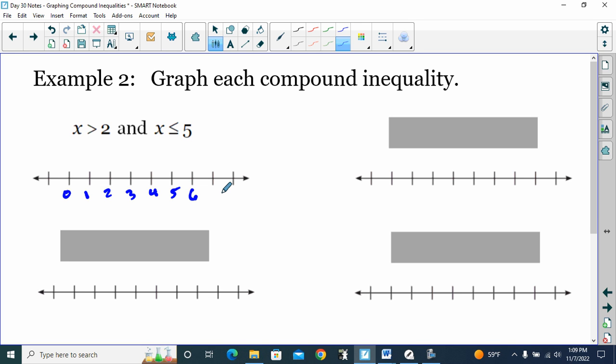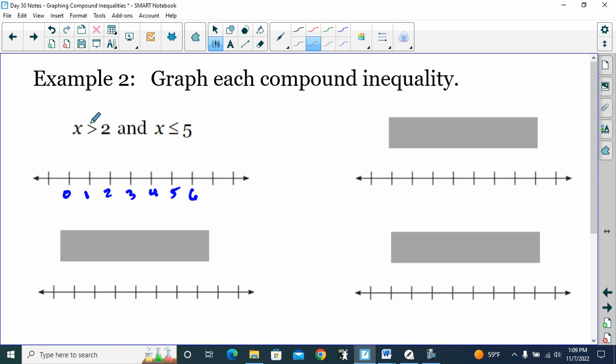Remember, and means both. So I need both these things to be true. So I'm not going to draw on my number line yet. My number line is where I'm going to put my final answer. But up above the number line, we're going to do a little bit of work to help us get the answer.